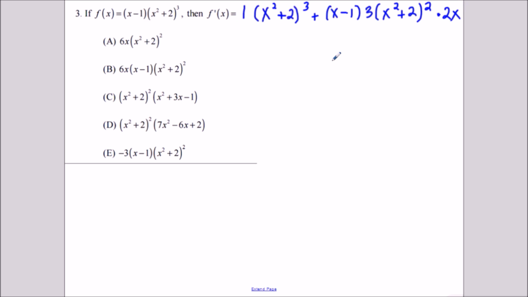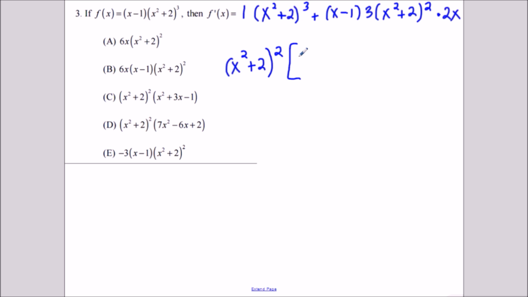But you'll notice this does not match any of the answer choices. So what we need to do next is simplify this by factoring out a greatest common factor. The greatest common factor between both of these is going to be x squared plus 2 to the second power. If we factor out x squared plus 2 to the second, on the first term we're going to have left x squared plus 2 to the first power.